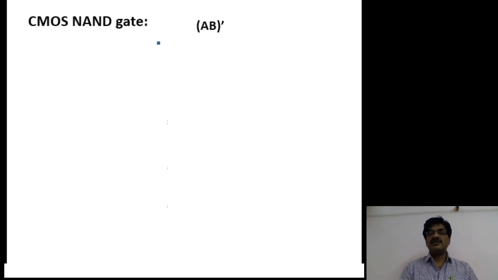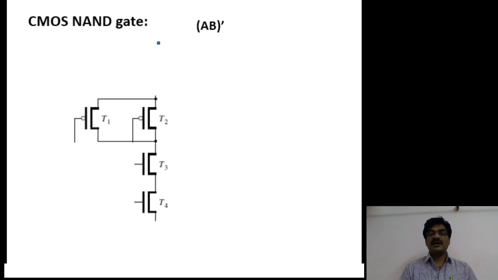Here, the relation between A and B is product relation. Therefore, the A NMOS transistor and B NMOS transistor are connected in series.